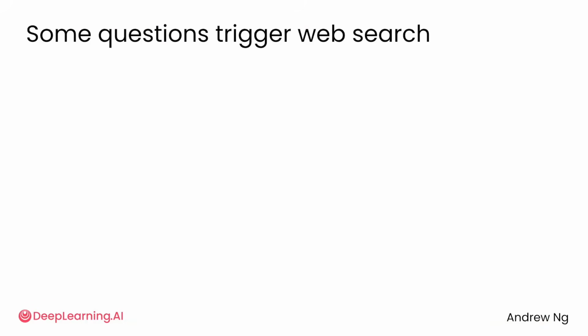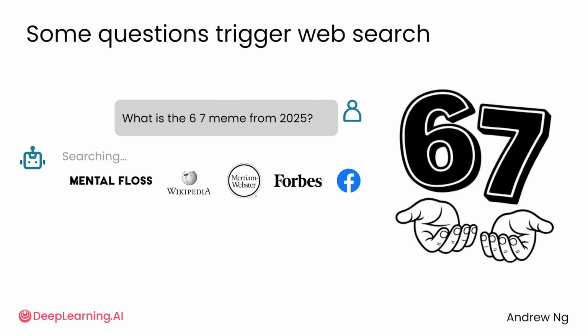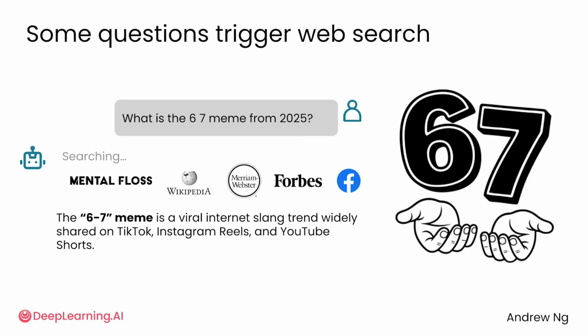If you're using one of the popular AI model providers like ChatGPT, Gemini, and Claude, there are certain questions that will probably trigger it to do a web search. For example, if you ask it, what is the 6-7 meme from 2025? There's a good chance it will search on the internet to tell you that the 6-7 meme, which is pronounced six seven, which is kind of fun to say, is a viral internet slang widely seen on a few social media platforms.